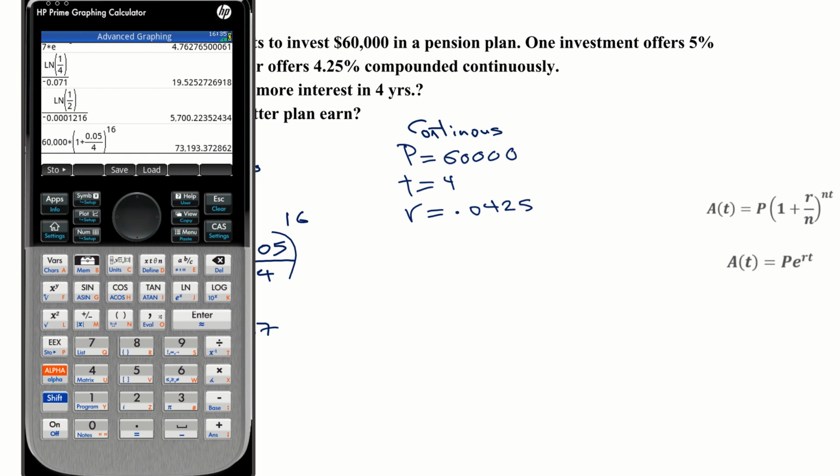All right, so we get A of 4 is equal to the present value, 60,000, times e to the power of rt, so 0.0425 times 4.